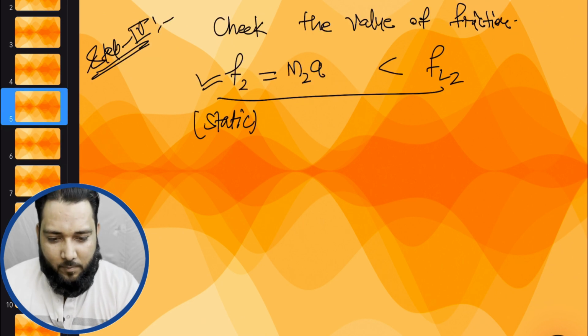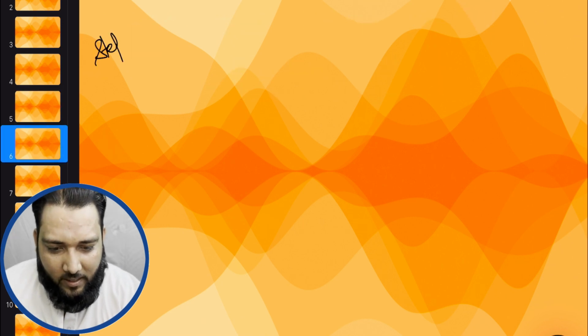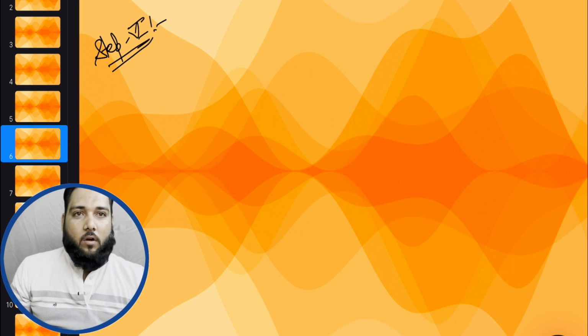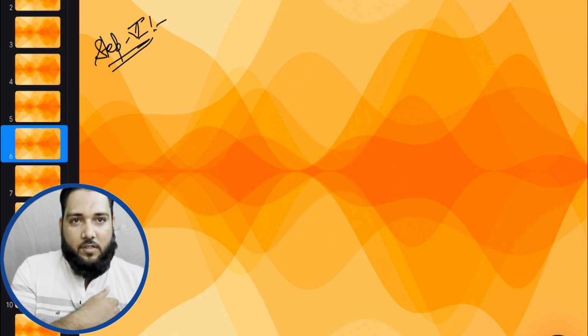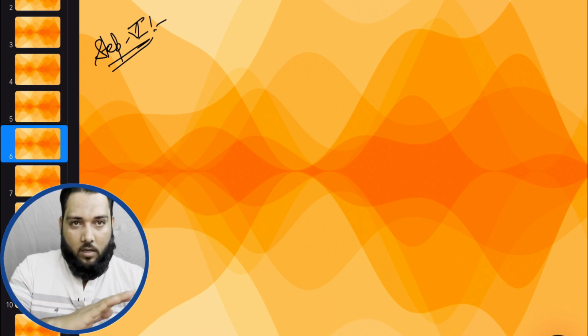Now the step 5th, guys. That is the important part. What will happen if the friction exceeds its limit? In Hindi we can say friction अपनी औकात से बाहर.